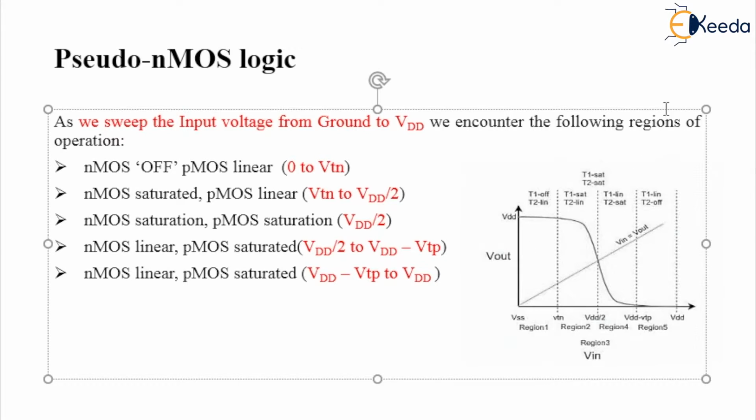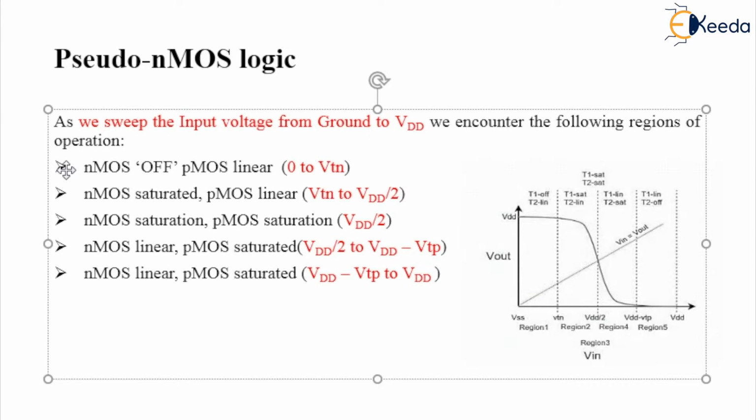So we encounter some regions of operation. Whatever I am representing in red color are all input voltages. At the first step, when the input voltage is between 0 and the threshold voltage of the N channel, that is between VSS and VTN, T1 will be off and T2 will be linear.